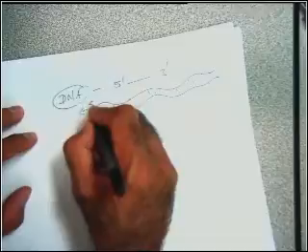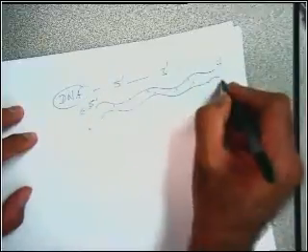If you have DNA, you have a double helix, and this is one strand and this is the other strand. This one goes 5' to 3', and this is 5' to 3'. This is the anti-parallel structure, 5' and 3'.